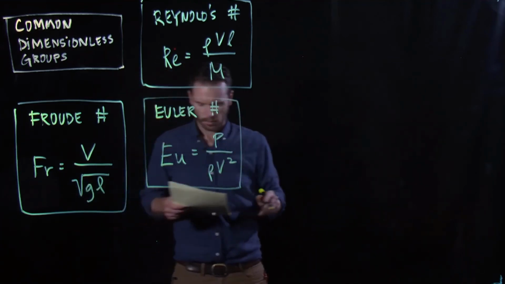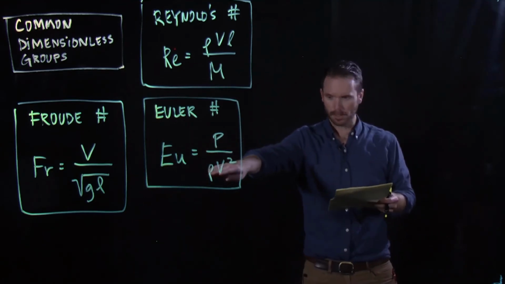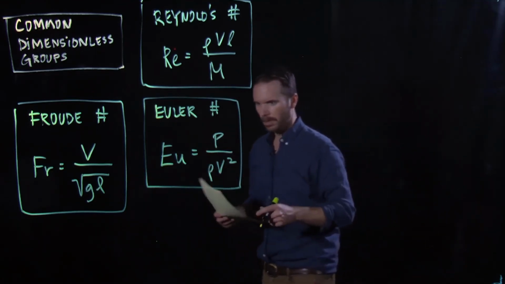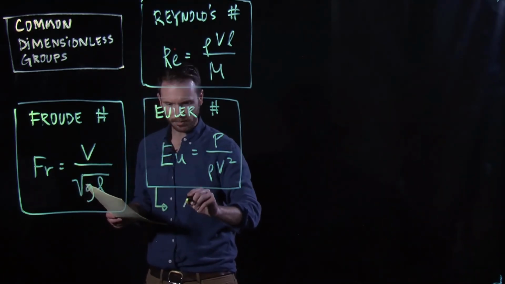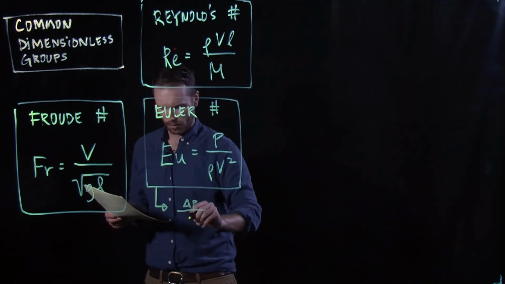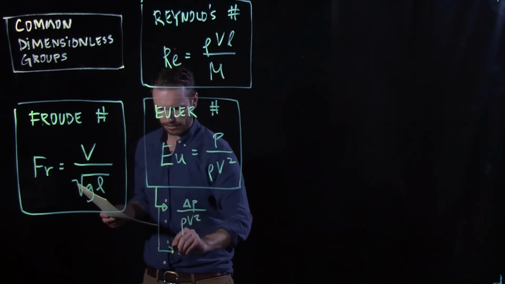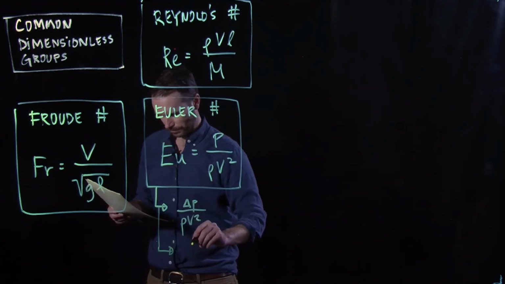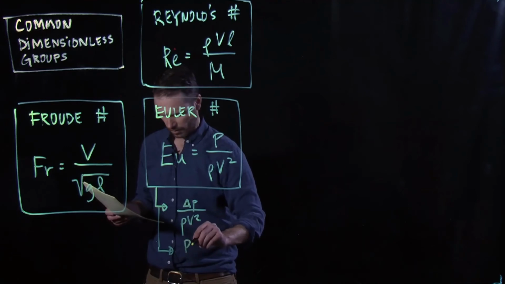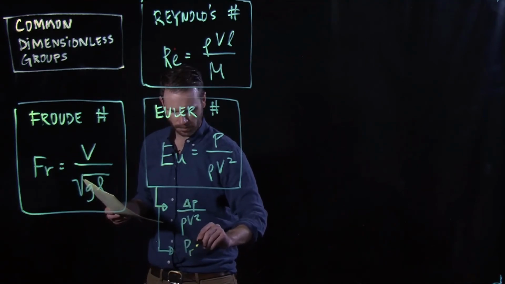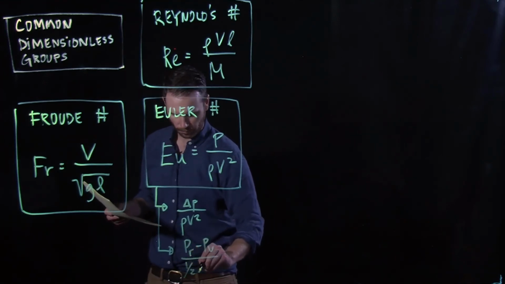All right, the Euler number is a measure of the ratio of the pressure forces to the inertial forces. Now, the Euler number can be seen in a couple of different ways. It could be written as delta P over rho V squared. It could even be seen as the pressure minus the vapor pressure over 1/2 rho V squared.